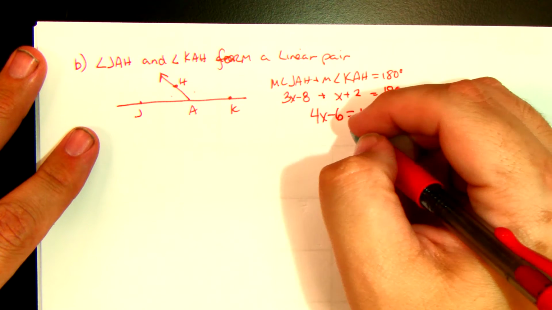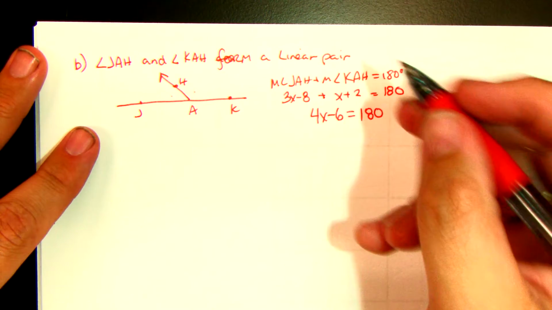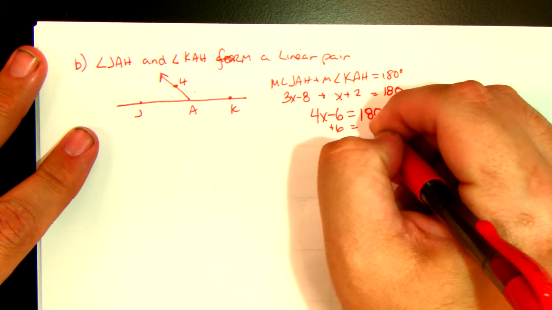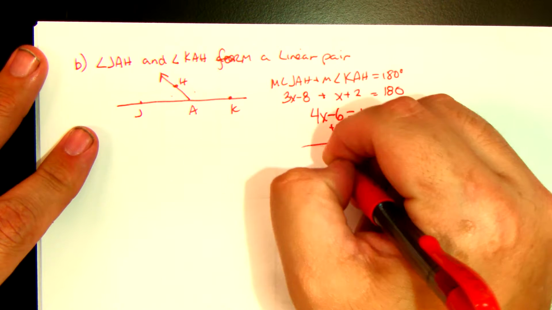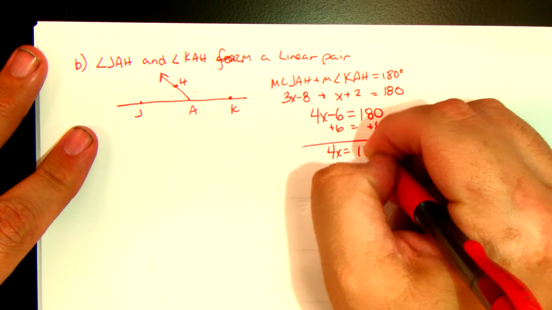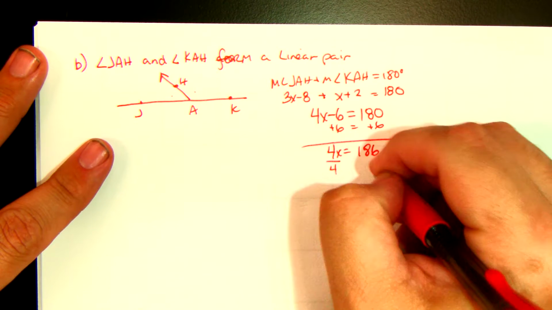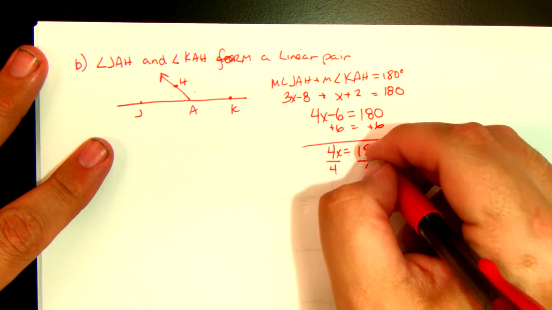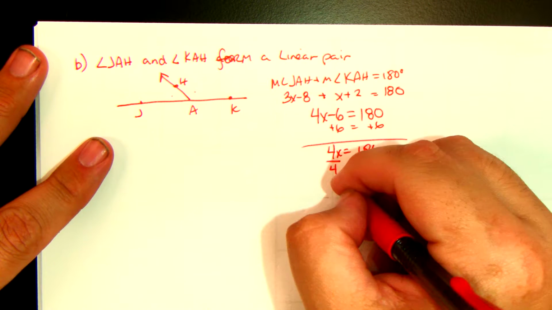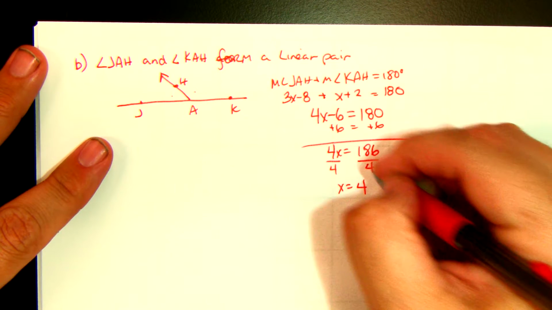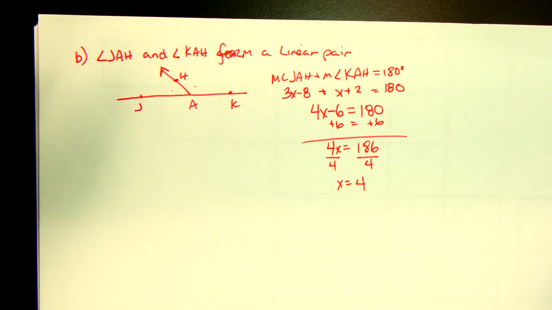Alright, so add a 6 to both sides. So I get 4x is equal to 186, and now I'm hoping that it works out. Divide by 4, divide by 4. 4 goes into 18 4 times. I know, because 4 times 4 is 16. So what's 18 minus 16? 2.